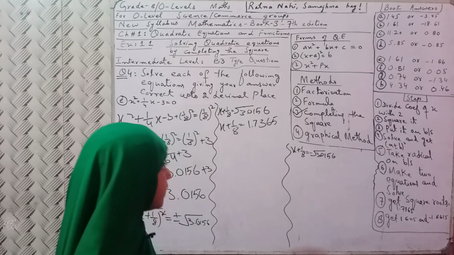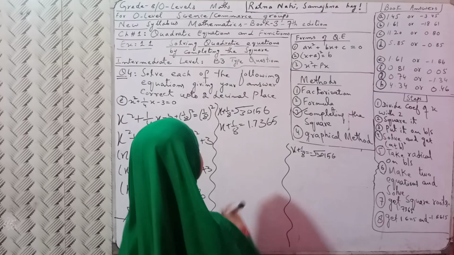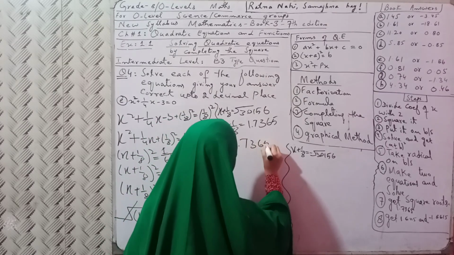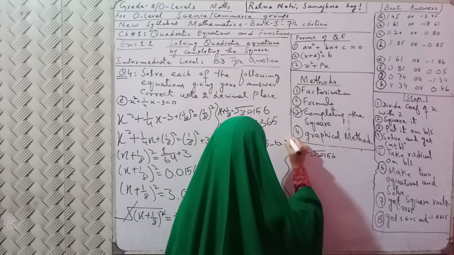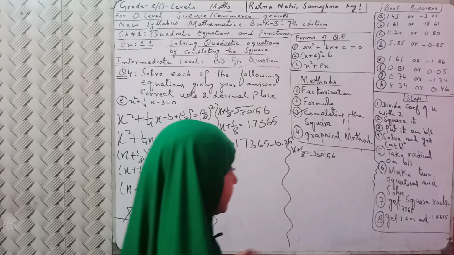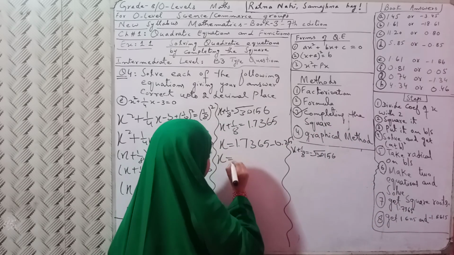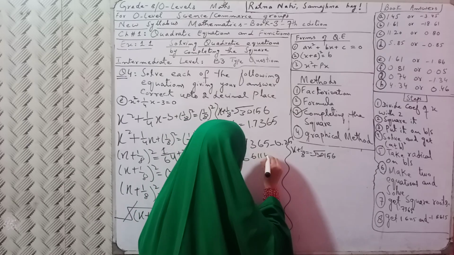Now this 1/8 will go there and we will divide. So answer comes x is equal to 1.7365 minus 0.125. Now then we get 1.6115.